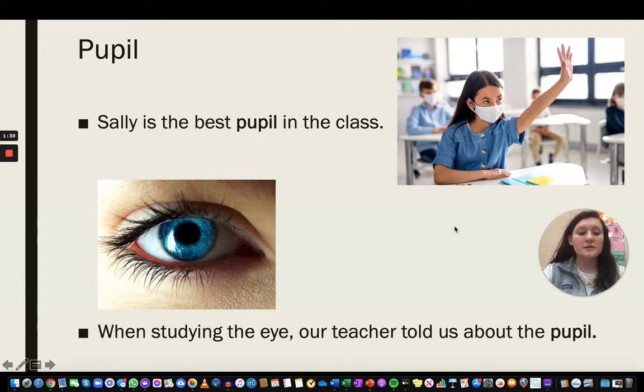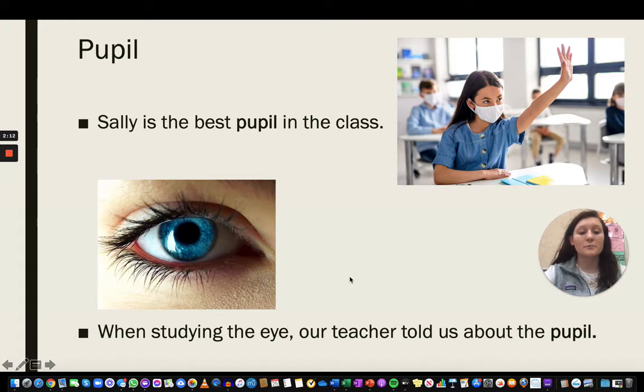The other use of pupil is when we're talking about the eye. Our sentence here is, when studying the eye, our teacher told us about the pupil. The pupil is the black part here on the eye that allows light to come into our eyes, and it changes size depending on how much light is in the room.